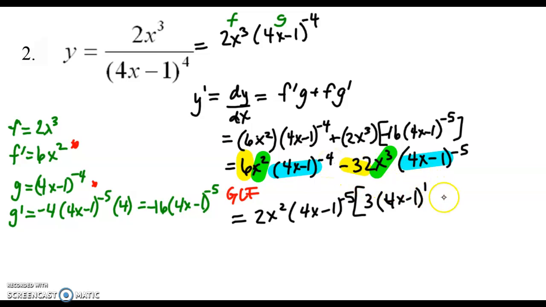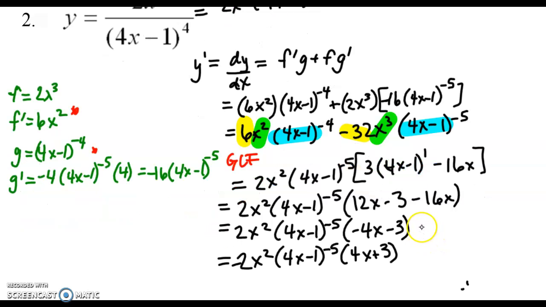And the second term here, negative 2 times what gives you minus 32? Well, negative 16. And in the x's, we took 2 out, so we have 1x left. And we took all of the 4x minus 1's. Okay, now we can simplify and get our final answer.